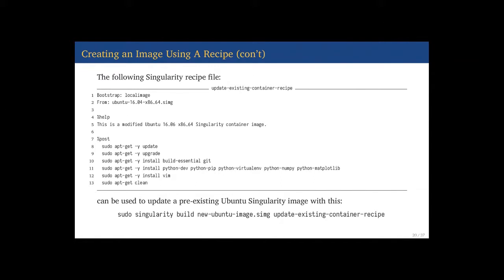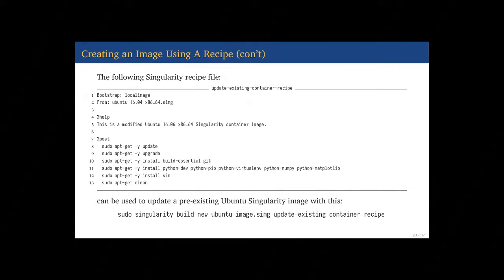So it's clean, boom. And what Singularity will do, when you run the command at the bottom of the screen, is uncompress the Singularity image file that's in the from line, put it in a temporary directory, and then run all those commands in the image as root.